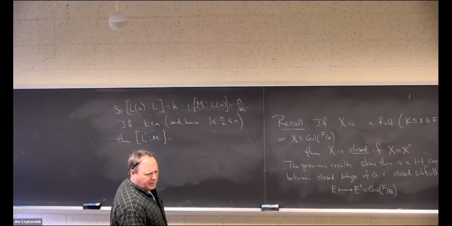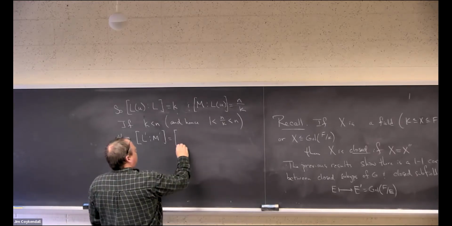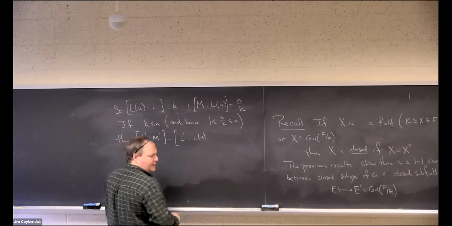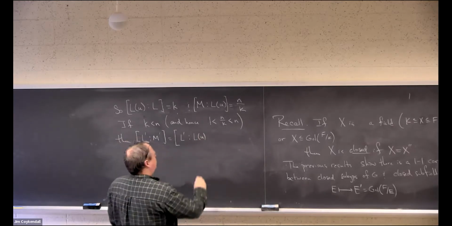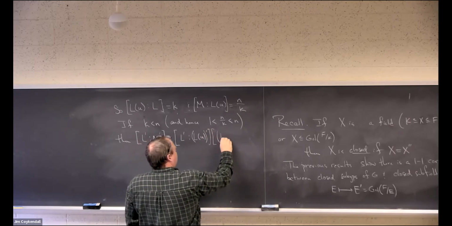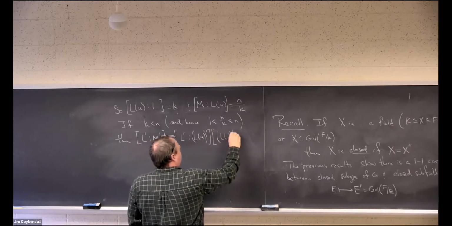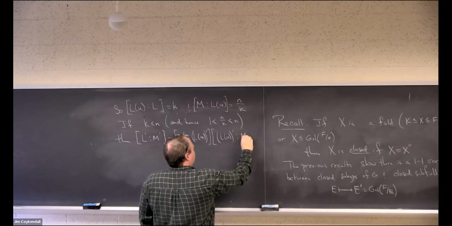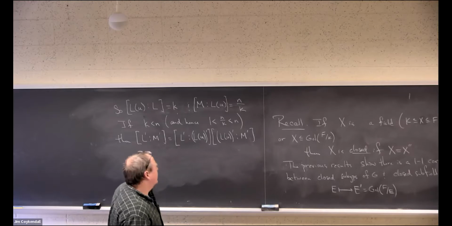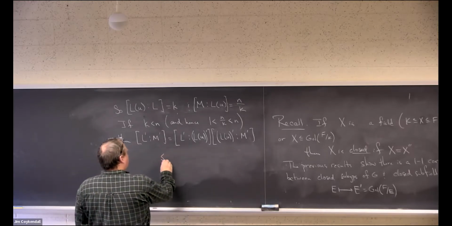L prime over M prime is equal to L prime over L(u) prime, times L(u) prime over M prime, which is less than or equal to the product.